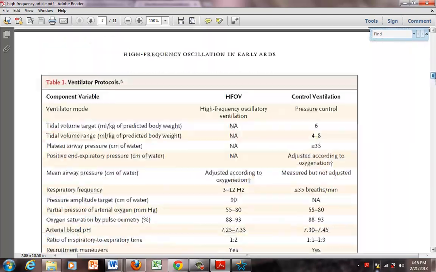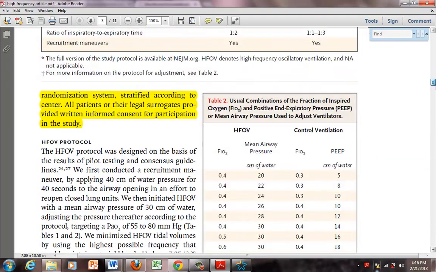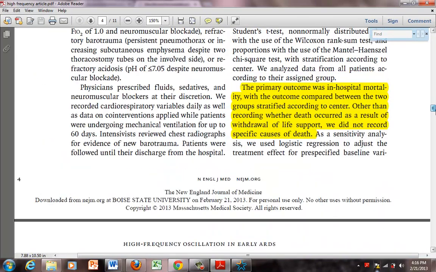When I come down here, I find more specific information about that, and it will usually be not in the statistical section. It will usually be in methods again, but these authors chose to put it in the statistical section. The primary outcome was in-hospital mortality, with the outcome compared between the two groups stratified according to center.